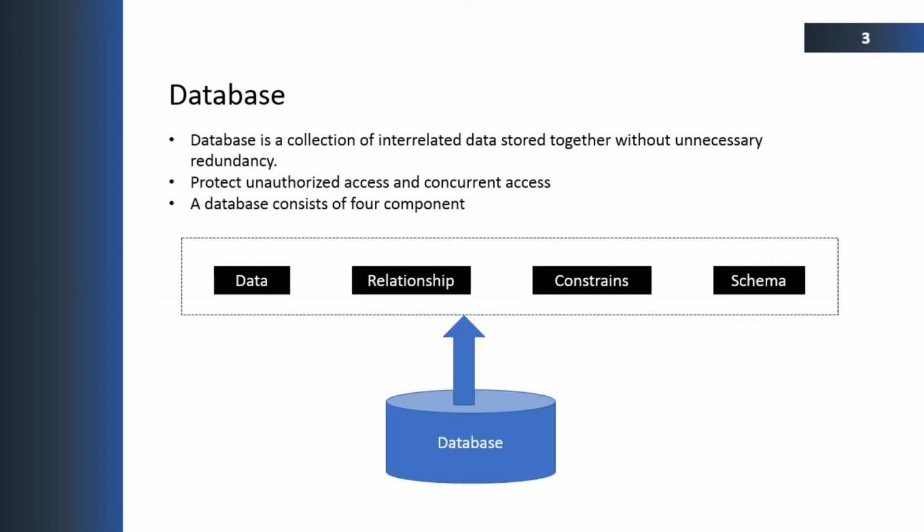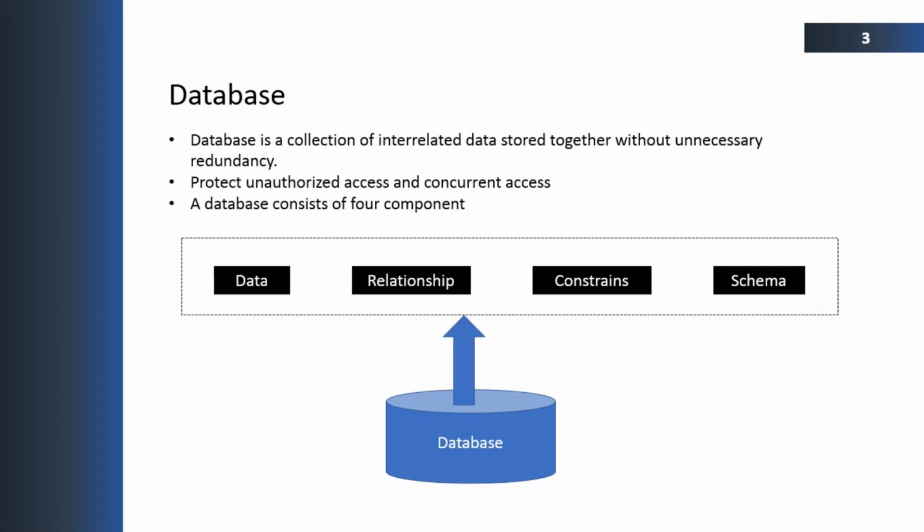Let us understand what is a database. A database is nothing but a collection of interrelated data which is stored together without unnecessary redundancy. Here the unnecessary redundancy is nothing but avoiding the repetition of the same record. A database should also protect against unauthorized access and concurrent access.